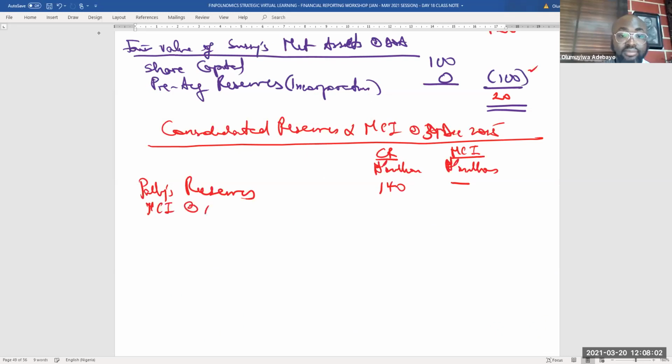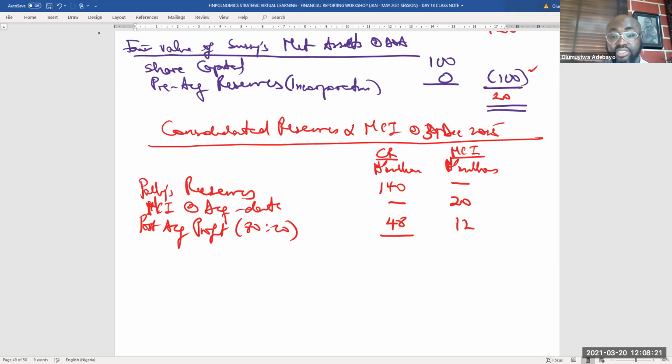NCI as at acquisition date $20. Share of post-acquisition profits, ratio 80-20 of 60, is 48 and 12. All things being equal.